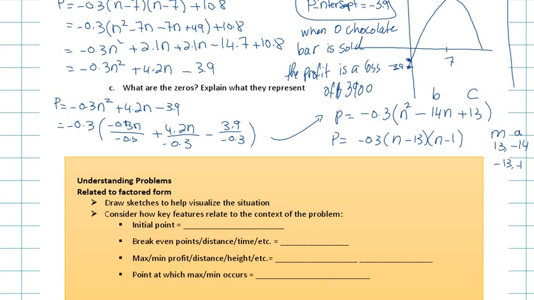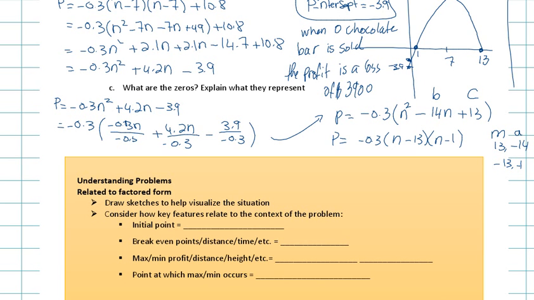So what are my zeros? 13 and 1, right? So let's look at it this way. 13 and 1 are the number of chocolate bars sold to make what profit?